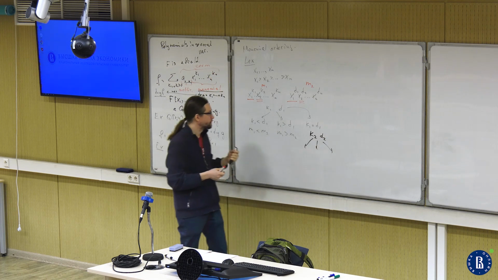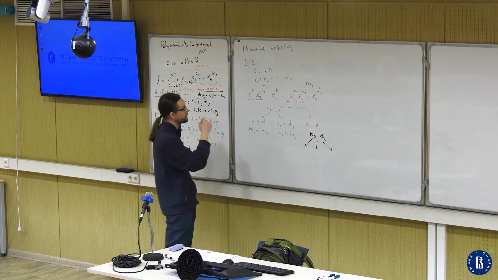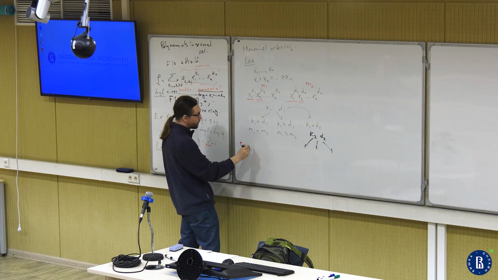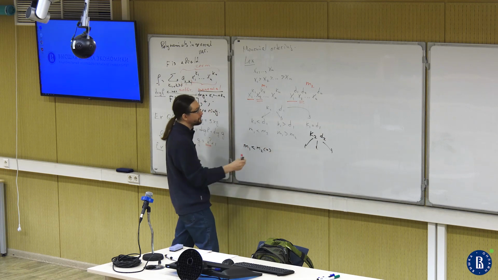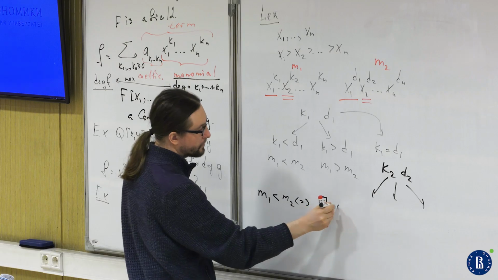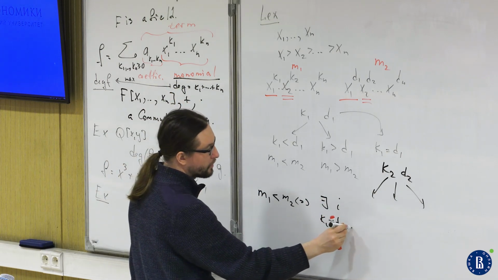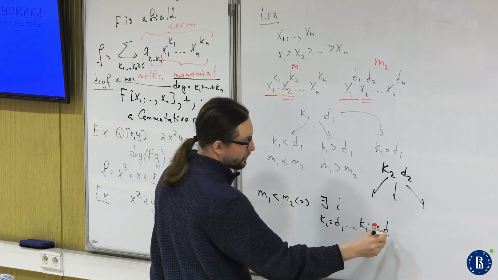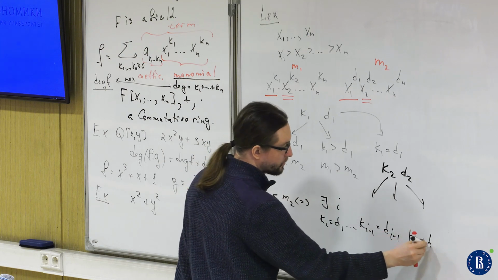Okay, so let me be more specific. Formally, we say that the monomial m1 is smaller than monomial m2 if and only if there is an index i such that k1 is equal to d1, etc., k(i-1) equals d(i-1), and ki is strictly smaller than di.